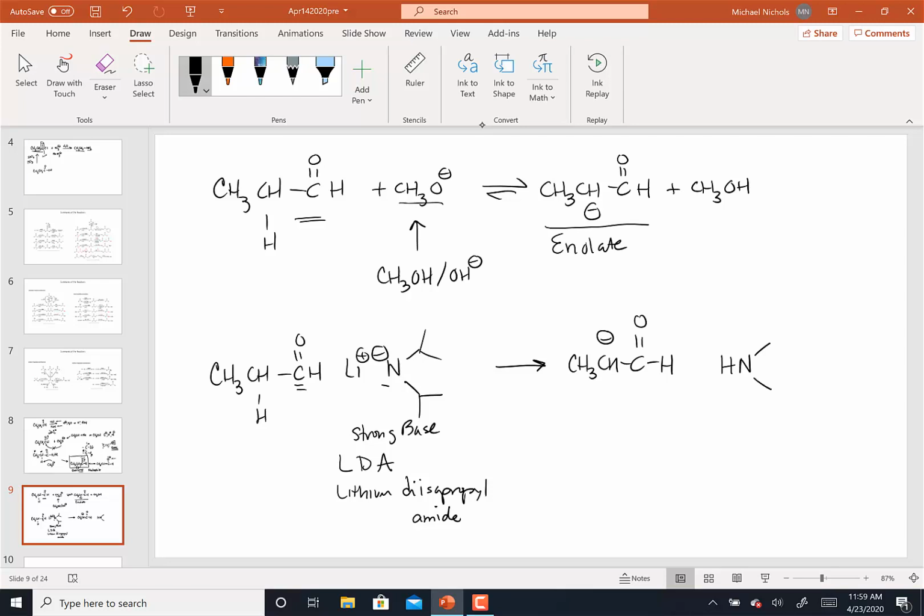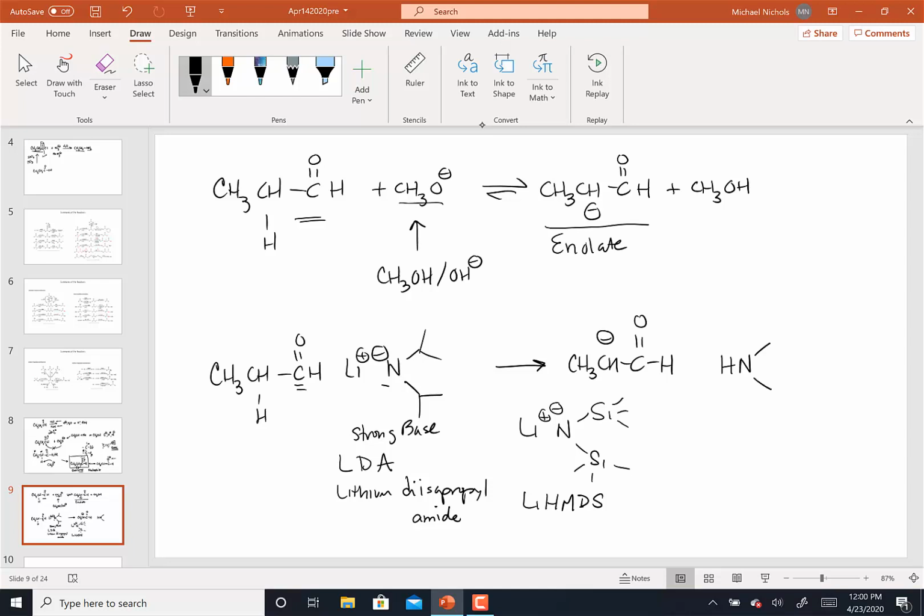And I haven't done a lot with LDA. I was a postdoc in a group at Brown where they had done a lot more, including pioneering how to determine the structure of it. The base that I have used a lot is to actually put two silicon groups on it, and this is called lithium hexamethyldisilazane.